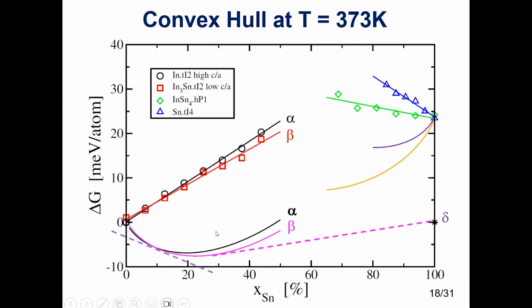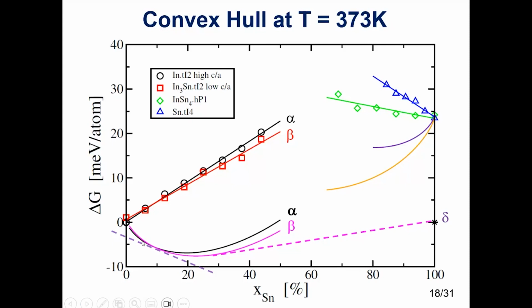If we were to do the same thing at a much higher temperature, well, it turns out that things are even more complicated. So here, this is a point of double tangency between the magenta curve labeled beta and the point labeled delta. And then there are 2 points of tangency. Over here, I guess, the lines are not sitting exactly where they ought to.